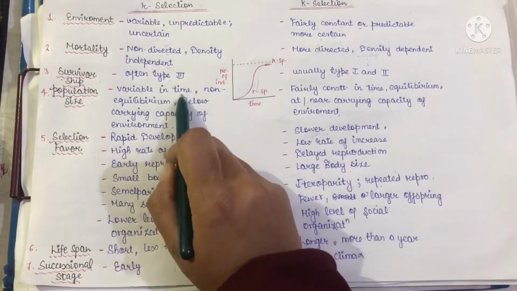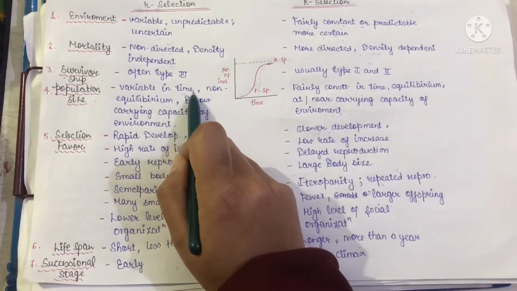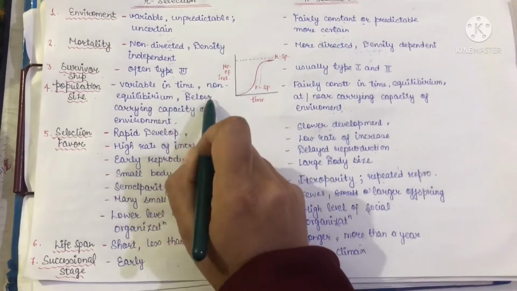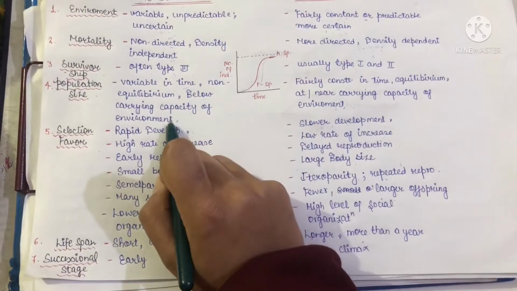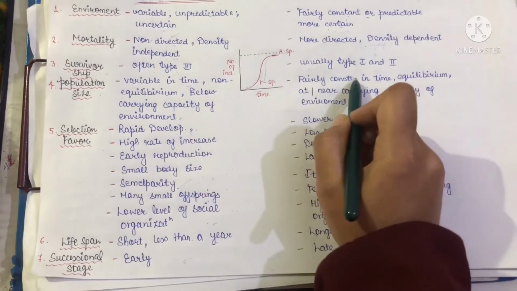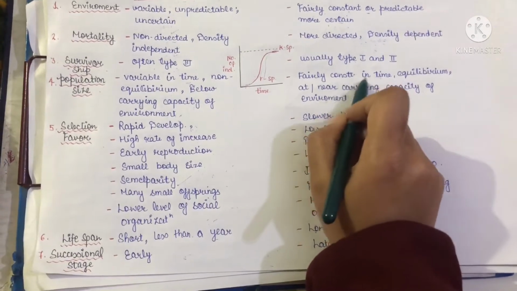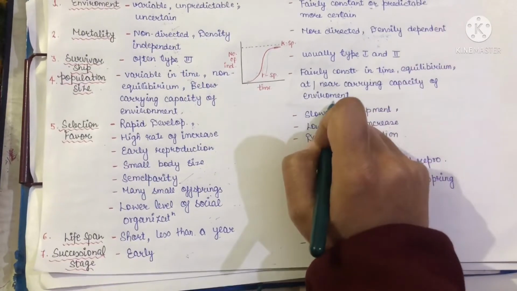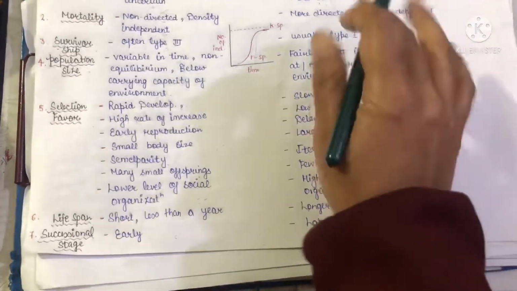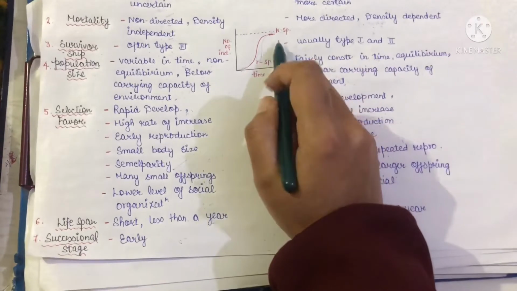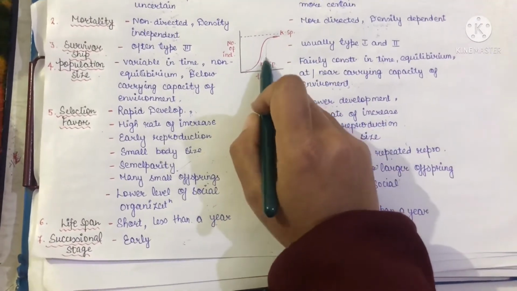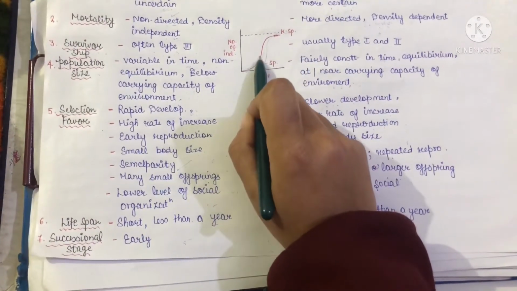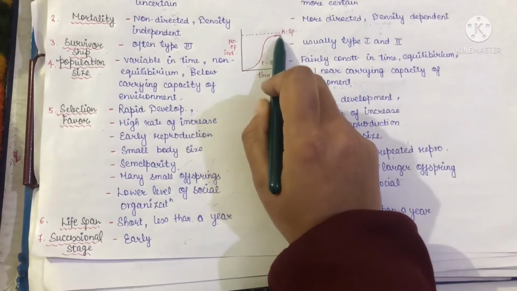In R selected species, the population is variable in time, non-equilibrium, below the carrying capacity of the environment. But in case of K selected species, the population size is fairly constant in time, in equilibrium at or near the carrying capacity of the environment. What it means is, here is the graph. The population of the R selected species does not reach here.